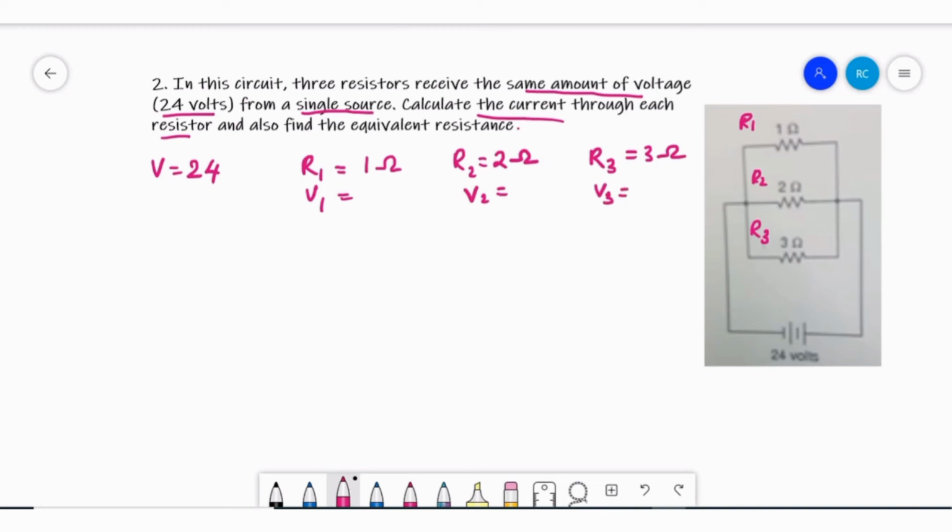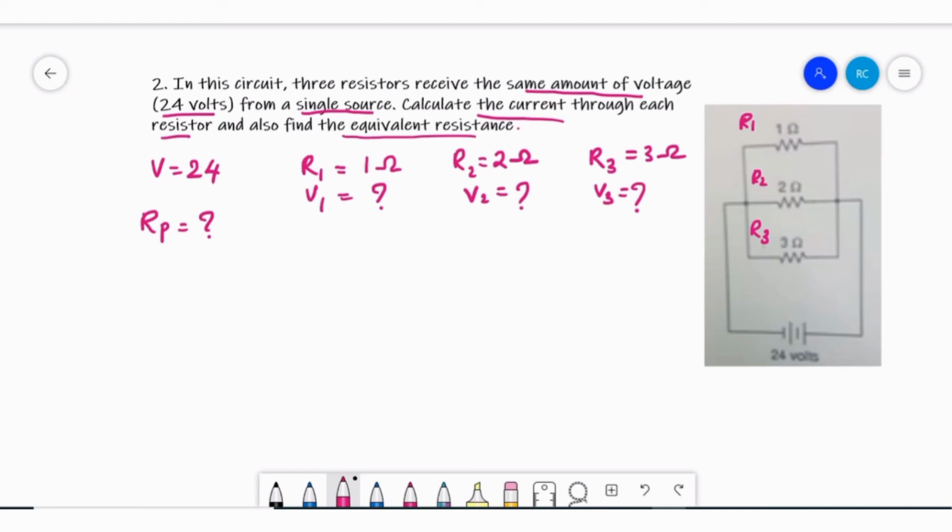So these three individual currents we need to calculate, and also find the equivalent resistance, that is Rp. So these are the data given. Then, the total current, you already know, I is equal to I1 plus I2 plus I3.